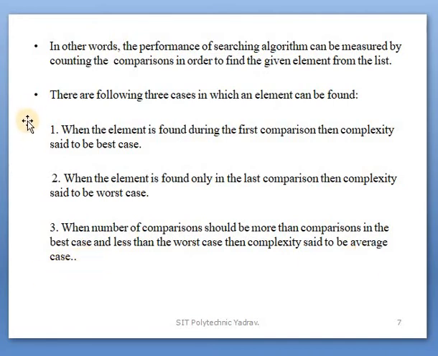Is that point clear? When any element is searched for in an array, there are three cases of complexity: best case, worst case, or average case.